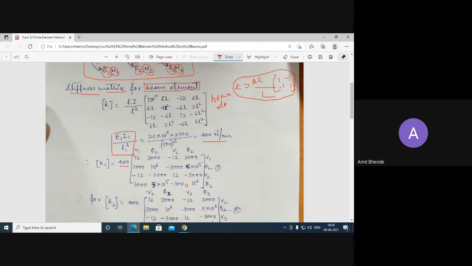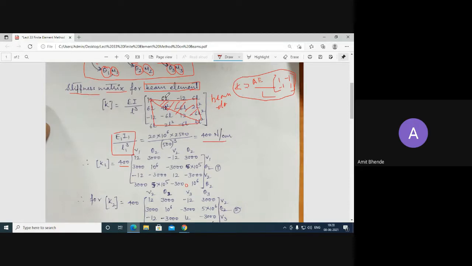Now, how to remember this element stiffness matrix? Here you can see that this is a symmetric matrix. Symmetric means the upper half of this matrix about the diagonal is exactly similar to the lower half. So if you divide this matrix about its diagonal, then the upper half and the lower half are mirror images.